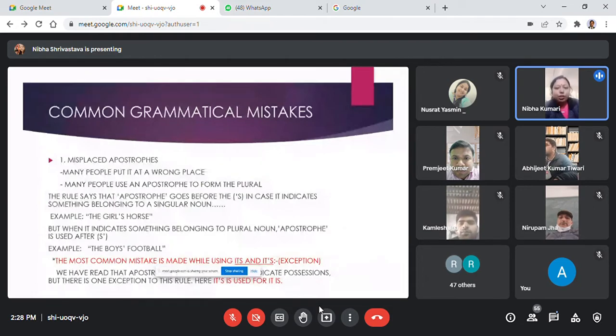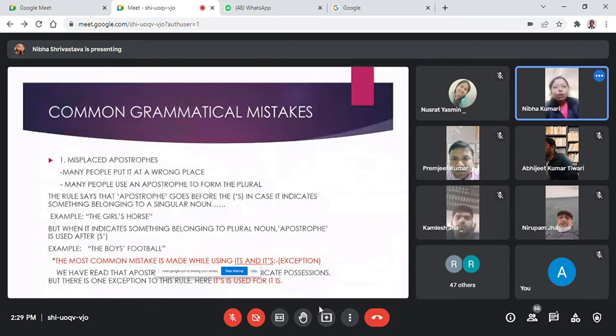Now, we all know the apostrophe mark is used either to shorten two words or to show belongingness. Here, many people put it in the wrong place.